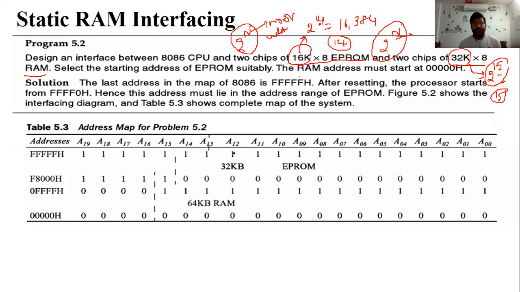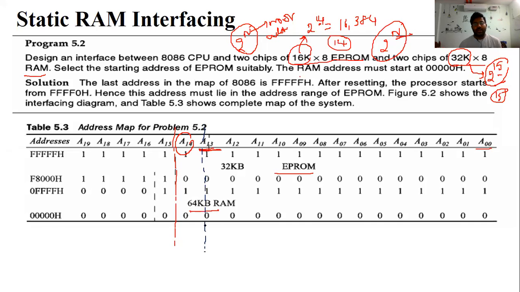Now see for this case, how many are connected here? A0 to A13, nothing but 14 address lines. For the EPROM series, we connected 14 address lines. For the RAM series, we are giving 15 address lines. So this is RAM, this is ROM.